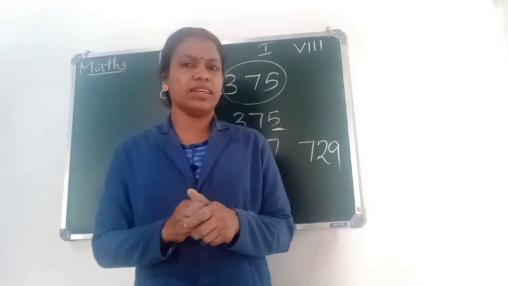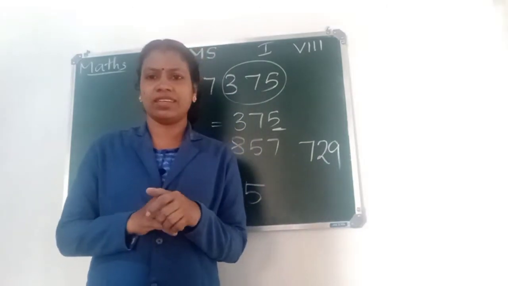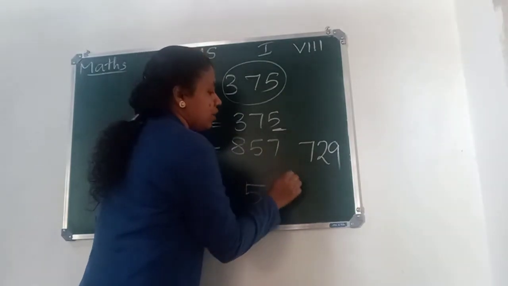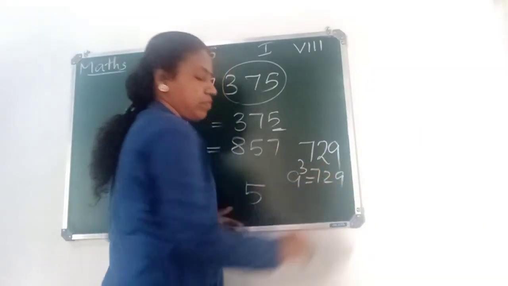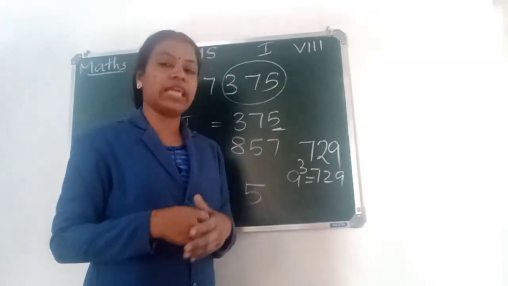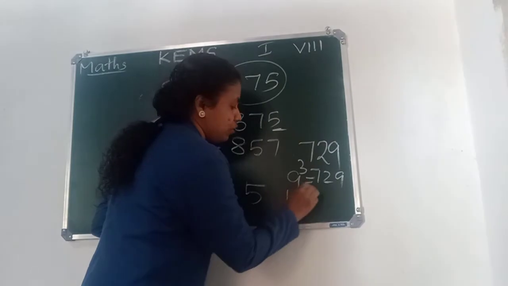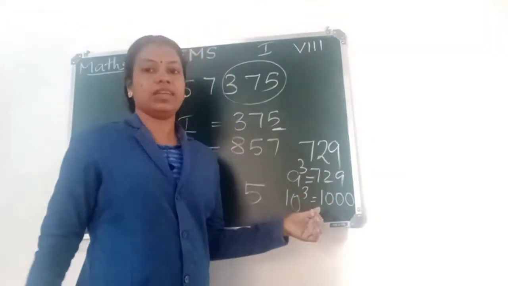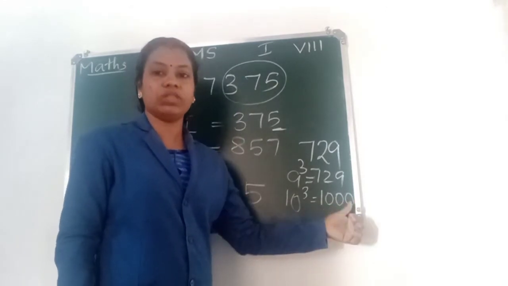What is the cube root of 729? Yes, it is 9. 9 cube equal to 729. Then what about 10 cube? 10 cube we know is 1000.